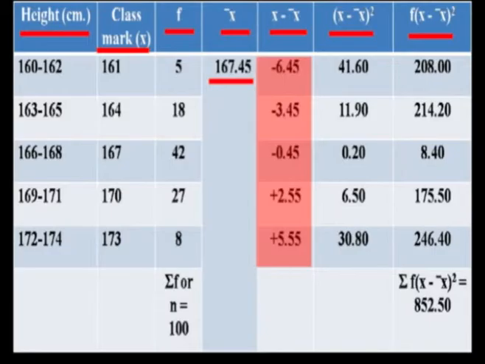If you look at the last row, you will see I have done summation f, that is the addition of all the frequencies, the total number of observations. In the last cell of the last column, I have performed summation f times (x minus x bar) whole square, that is the addition of all the values of f multiplied by (x minus x bar) whole square.